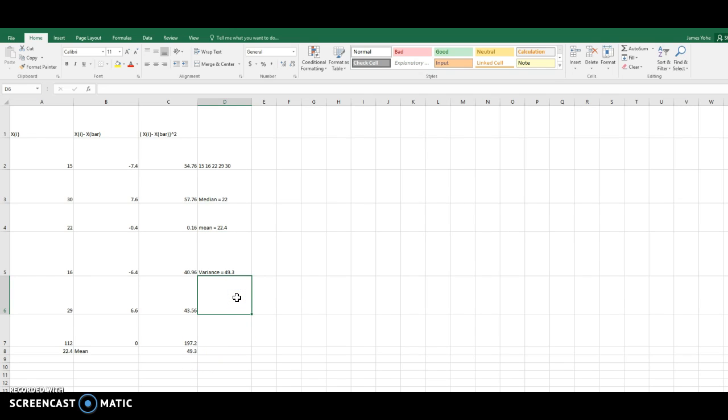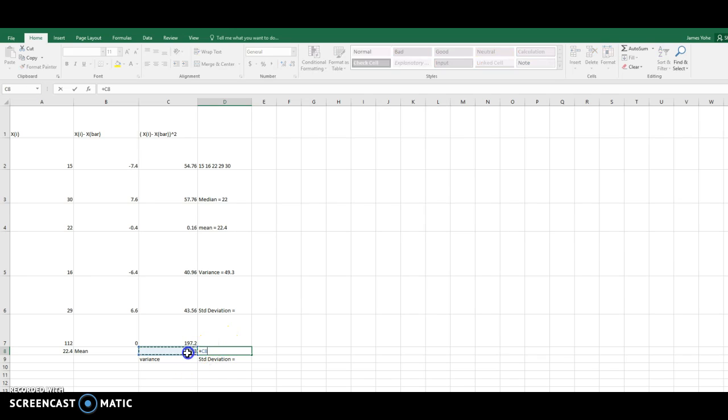Finally, we're going to calculate a standard deviation. The standard deviation is equal to the square root of the variance. So here, that's my variance, 49.3. My standard deviation is going to be the square root of that.